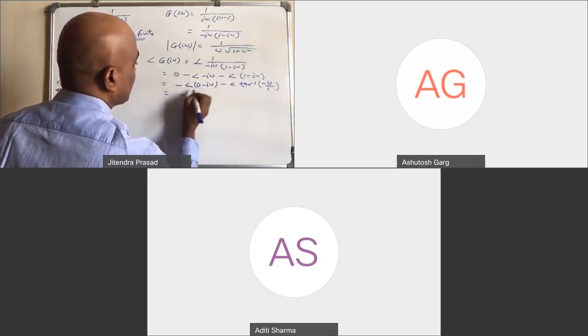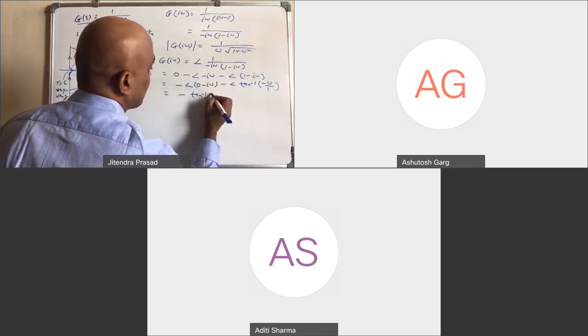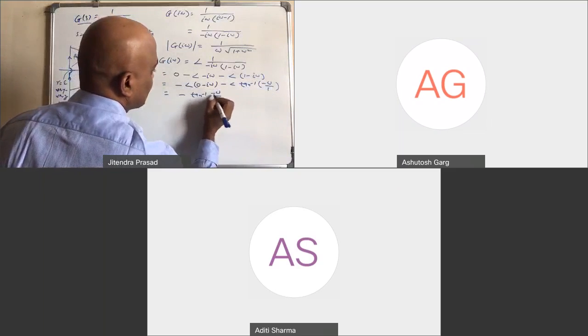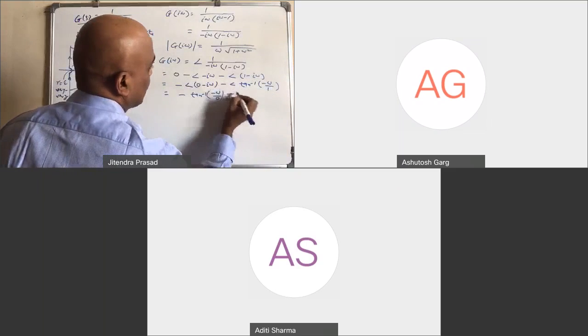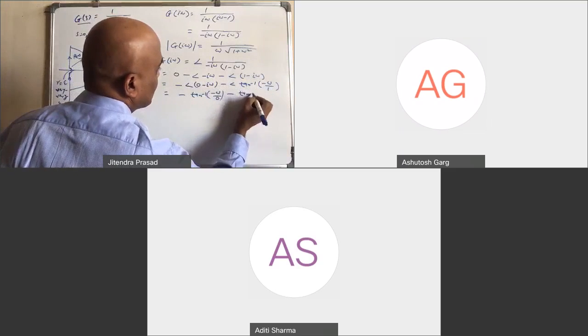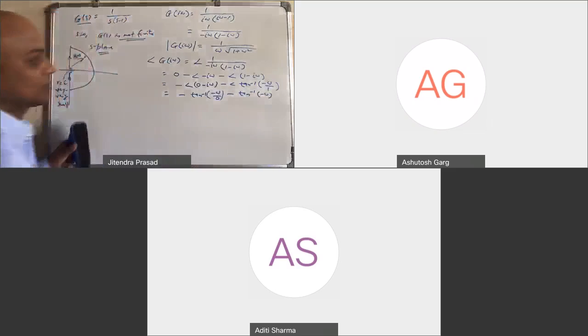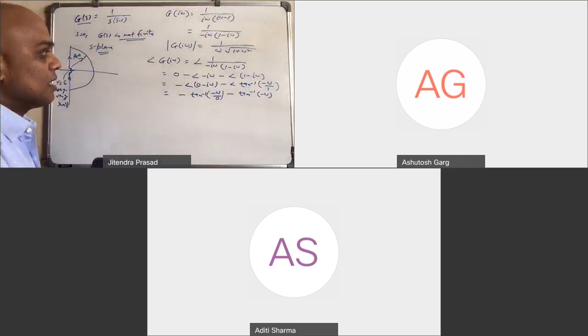So, or equal to minus tan inverse. Here we have minus omega over 0. Minus, and this is simply tan inverse minus omega only. Okay.